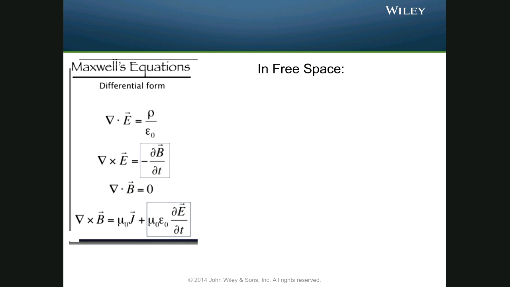You have to remember, in the very beginning of the semester, we talked about the wave equation and waves, where if we had a wave f, d2f/dx2 equals 1 over v squared times d2f/dt2.